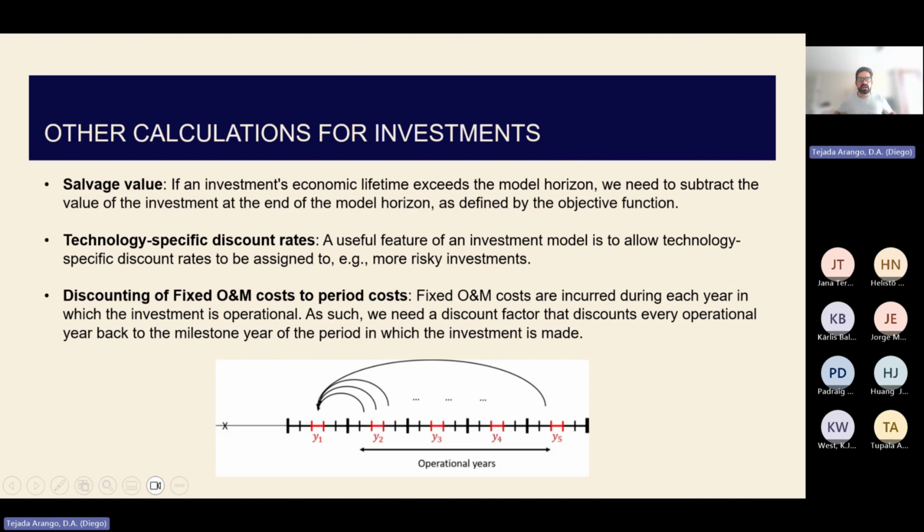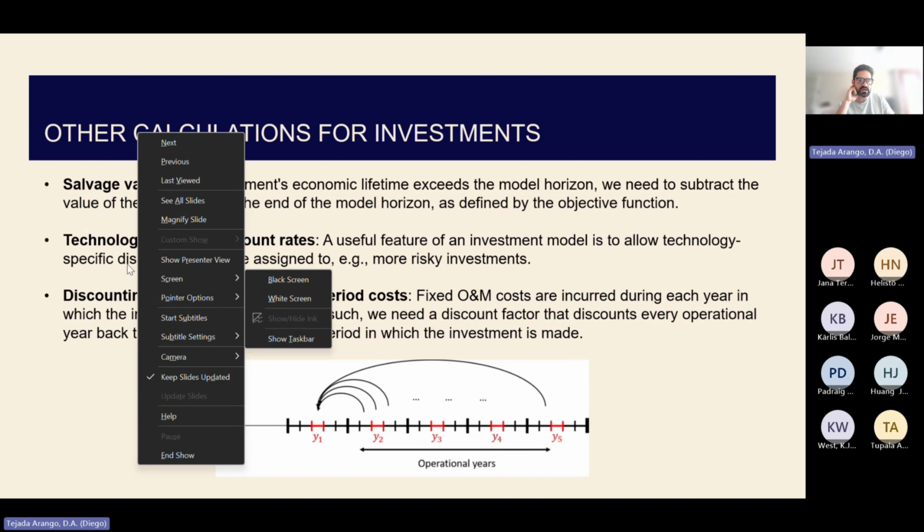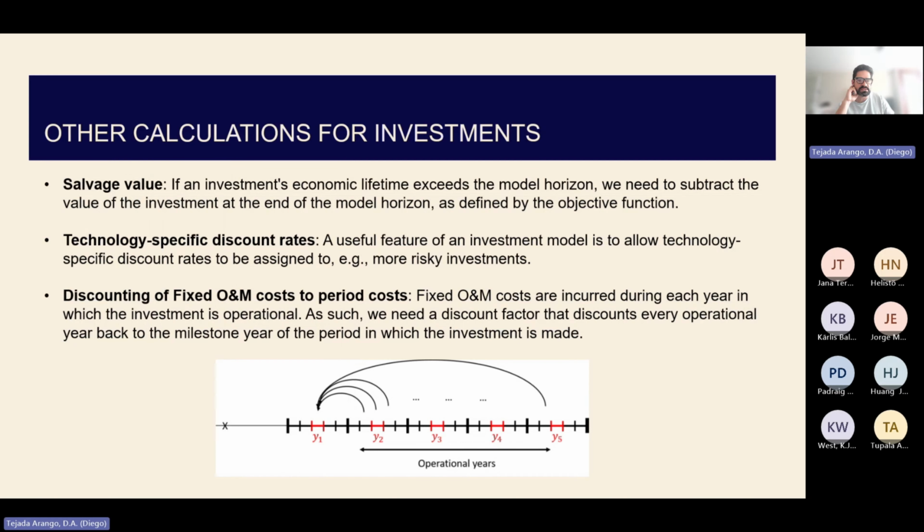Good. So other calculations that you need to take into account when you go for this multi-year investment mentality is that sometimes you need to add something called the salvage value. This salvage value represents that you have, for example, an investment whose lifetime is 20 years. And let's say you are only optimizing to 2050, and then you invest in 2040.